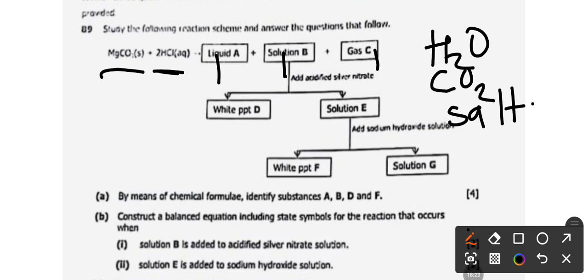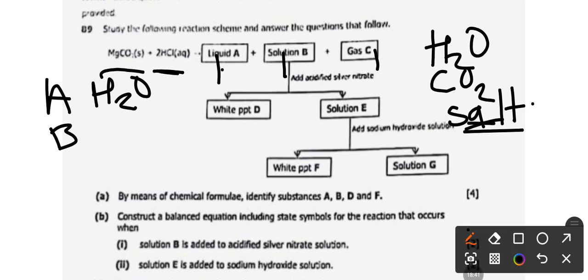So here this means that A, since it is in liquid state, is water, H2O. Then B, since it is a solution, is supposed to be a salt, and this is magnesium chloride.